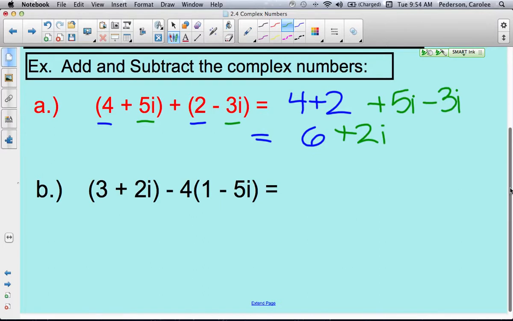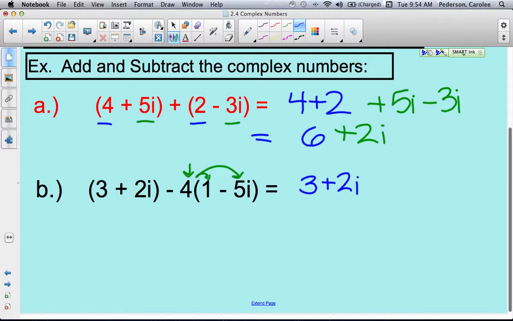All right, question B. Now we're going to subtract these two complex numbers, but we also have a multiplier in front of that parenthesis. So we have to first multiply these two terms by -4. So I'm going to leave the first complex number alone. That's 3 plus 2i.